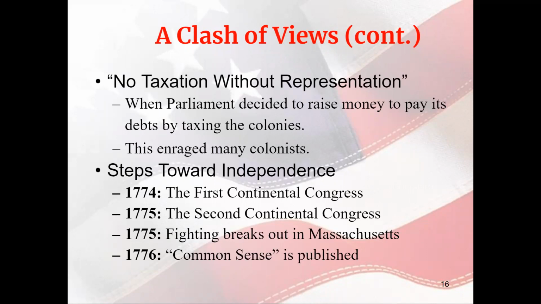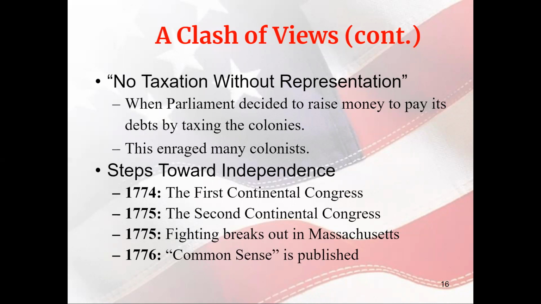So continuing on. No taxation without representation. So when Parliament decided to raise money to pay its debts, they decided to tax the colonies. So England wanted to pay off its debts.